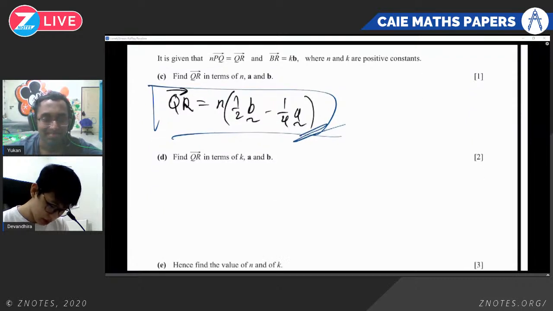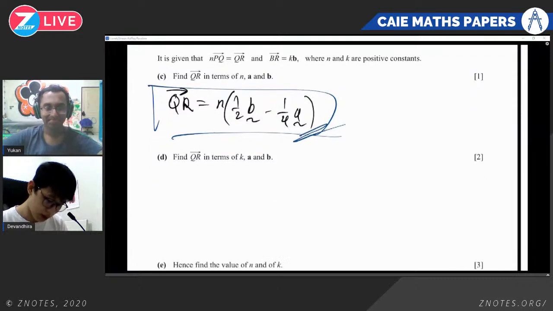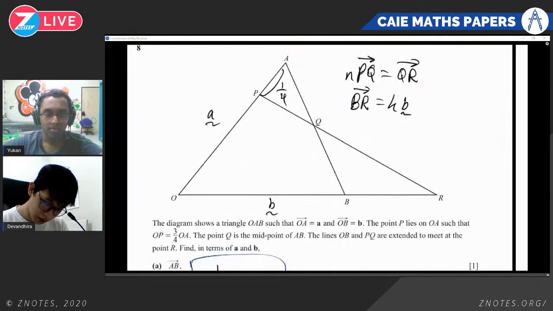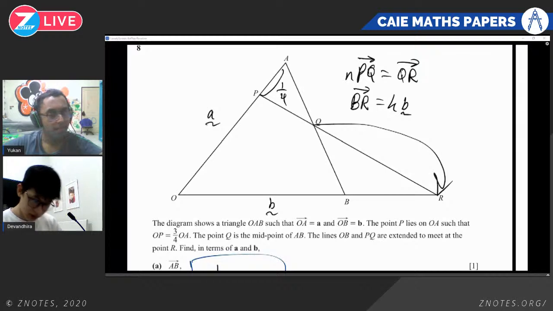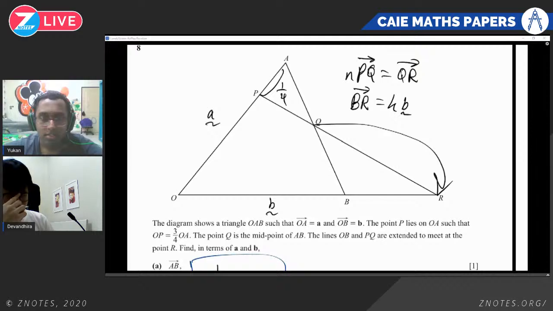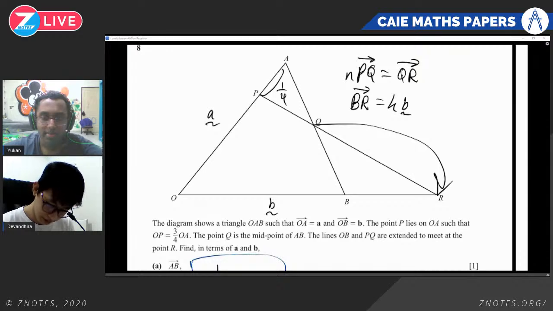Okay, next one. Find QR in terms of K, A, and B. So how can you find QR? QR is right here. What do you think, Yugen? QR again in terms of B. So you can have R to B and then B to Q. Exactly.